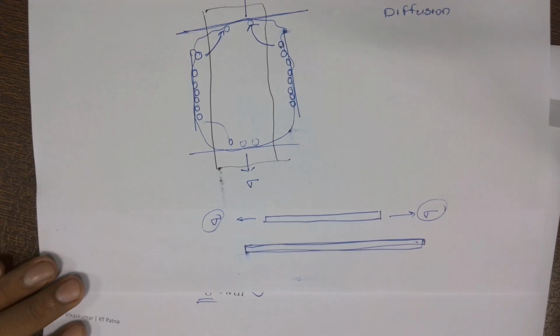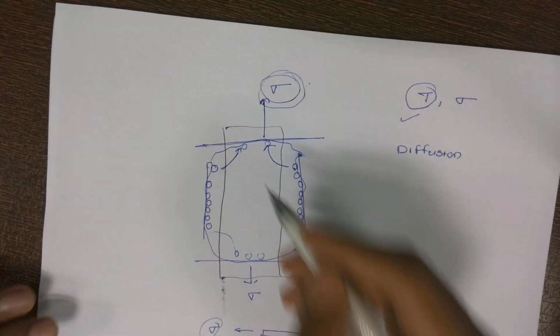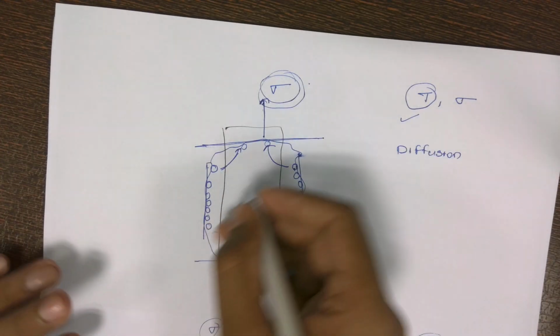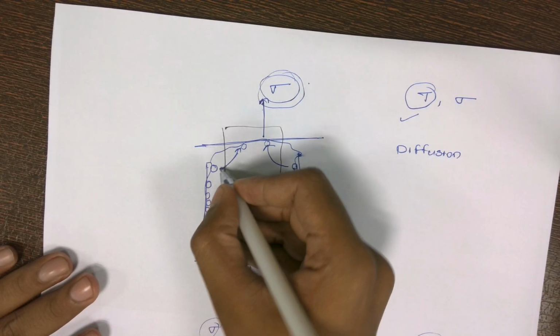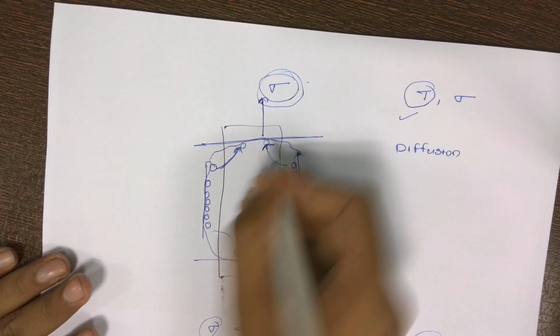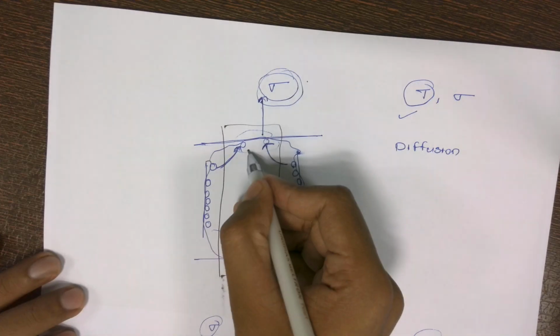Right? So now we are applying the force over here. This plane of atoms will try to diffuse in this particular direction, and it will go to the region where things were empty, where the vacancies were more.